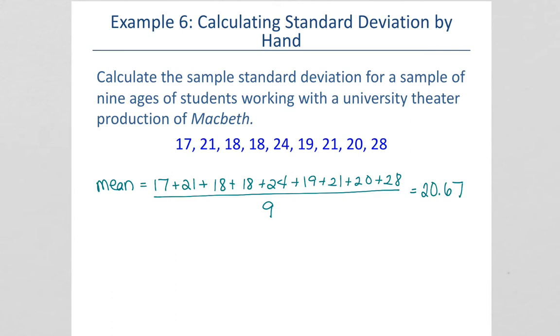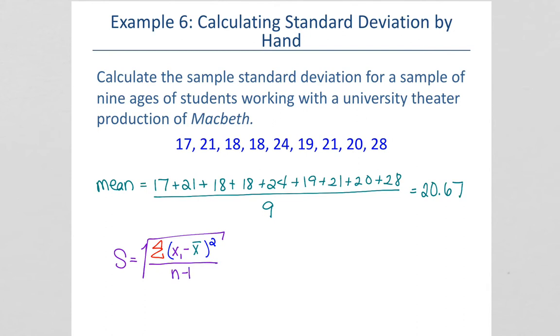So we're going to be filling into our formula here. It's the square root of the sum, I like to be color-coded, you know, of the square of each data value minus the mean, divided by n minus 1.